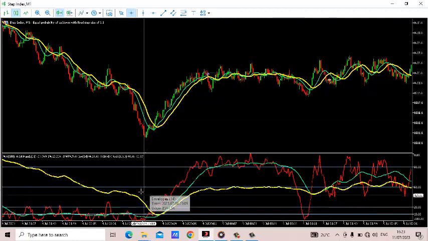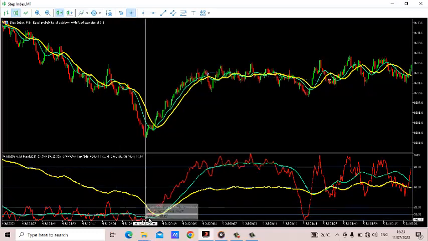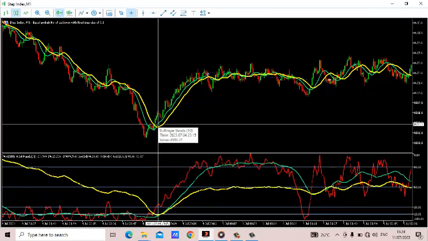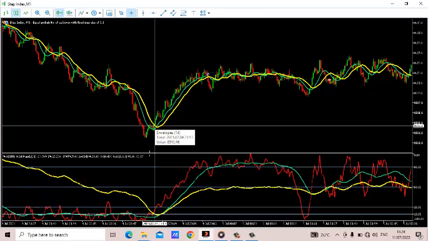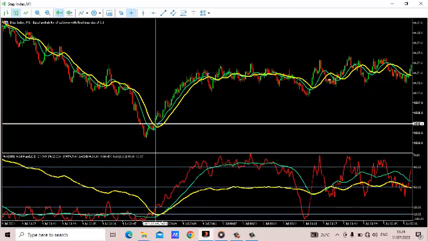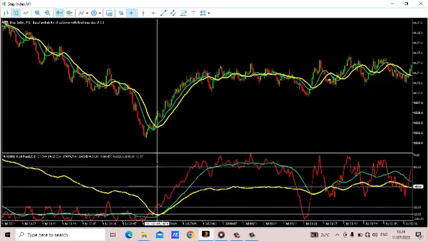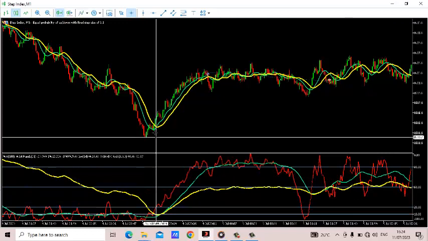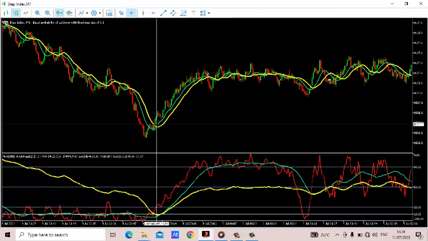Or if your attention was here first, you see that this is crossing these two. You look to the main window and you notice there is a simultaneous crossover around the same area. If you see the crosshair from here to here, the crossovers happened around the same area. So one is confirming the other. This crossover is confirmed by this one, and this crossover is confirmed by this one.